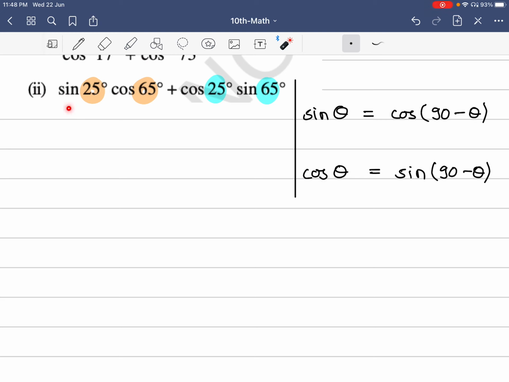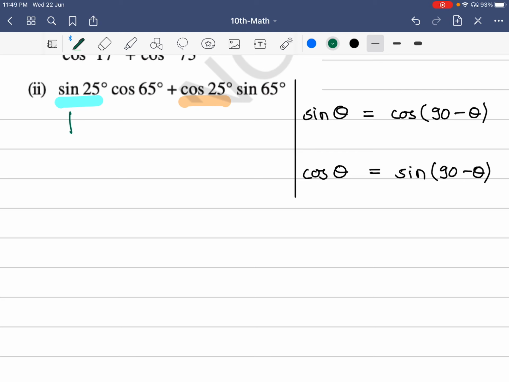Now in this example, I'm going to convert sine 25 to cos, and cos 25 to sine. Let's do it simultaneously.